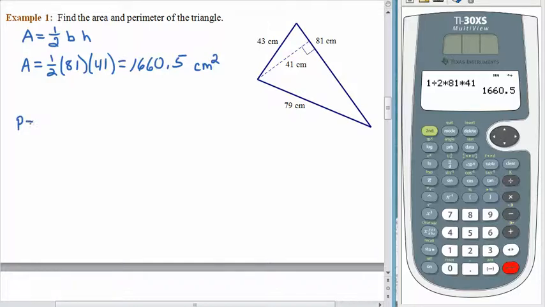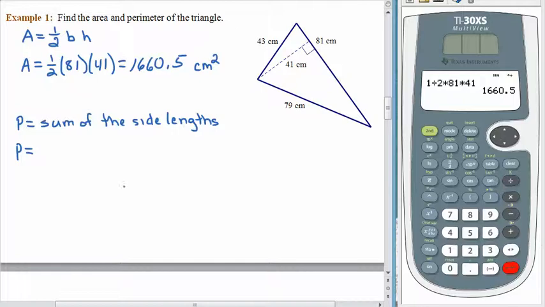Perimeter. Well, perimeter is what it's always been. It's just the sum of the side lengths. The thing that happens with perimeter is people look at this picture here and think they have to use every number in sight, which isn't true at all.